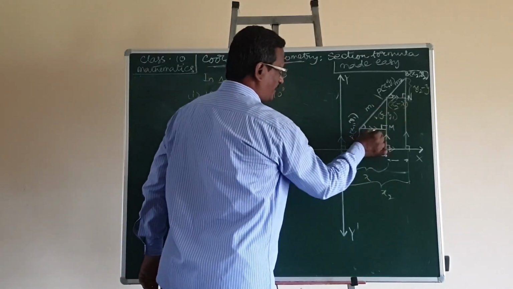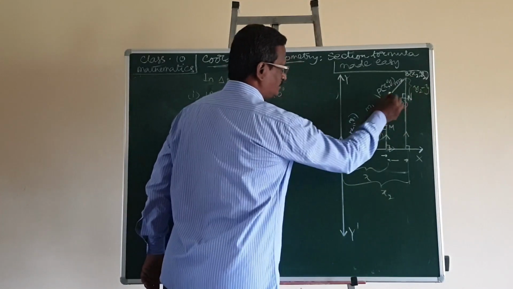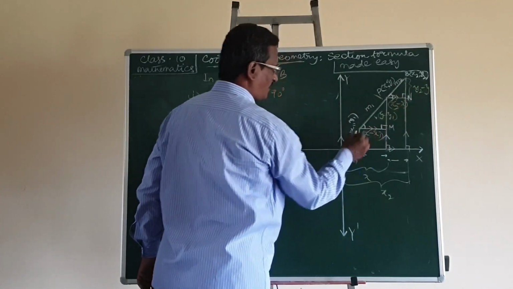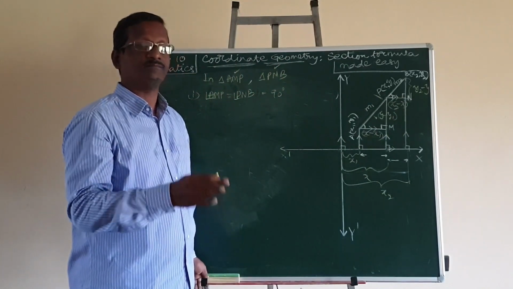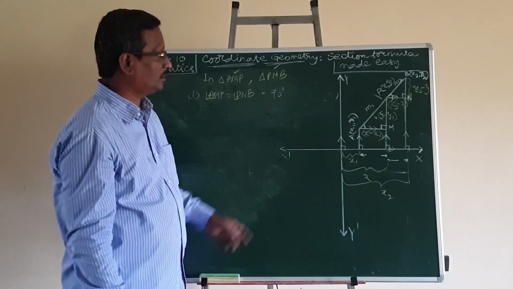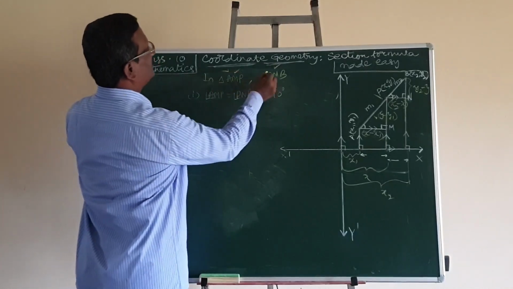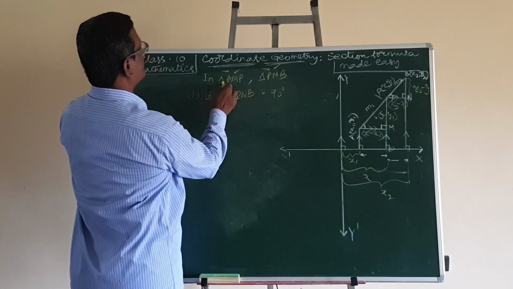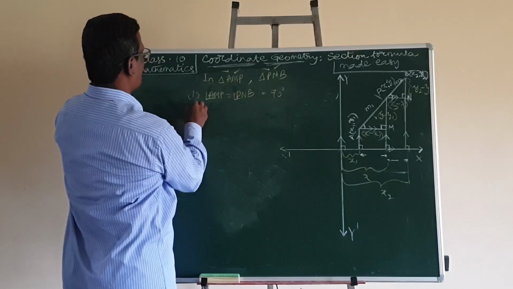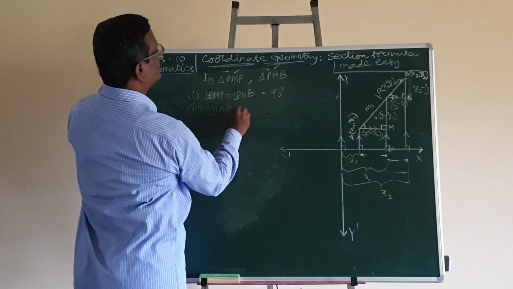This pair of parallel lines is intersected by a transversal AB. Then this and this are a pair of corresponding angles of parallel lines. That is why the two acute angles are equal. This is A and this is P, first position angles. To write this angle A, I will write angle MAP.